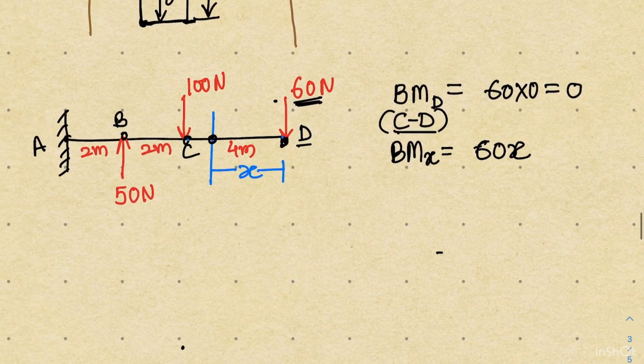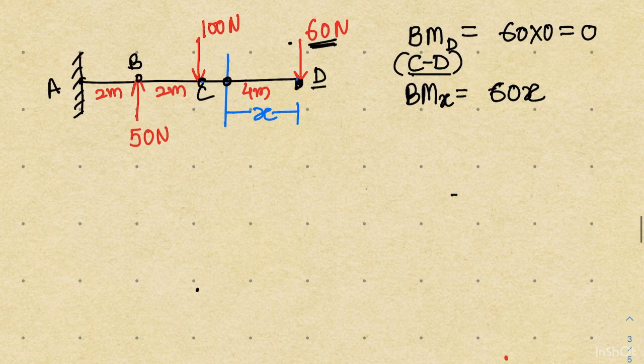So here also the load is acting in the downward direction and the point is towards the left side, that means the bending moment sense will be clockwise. So instead of writing clockwise, what we do, we put a negative sign which indicates that the bending moment is in clockwise direction.